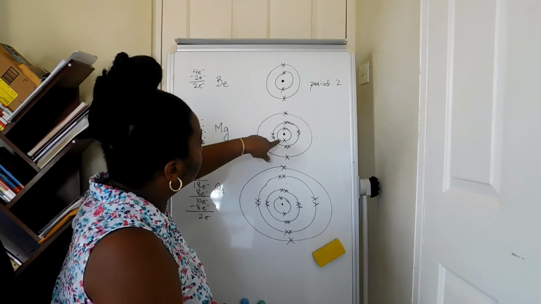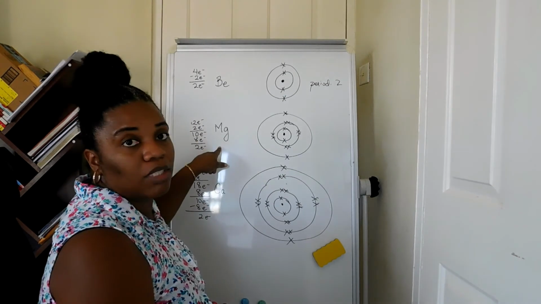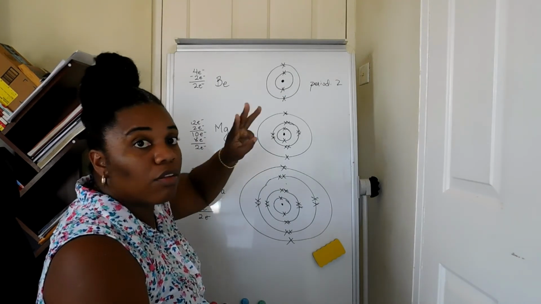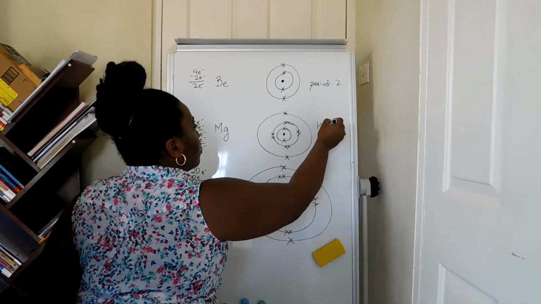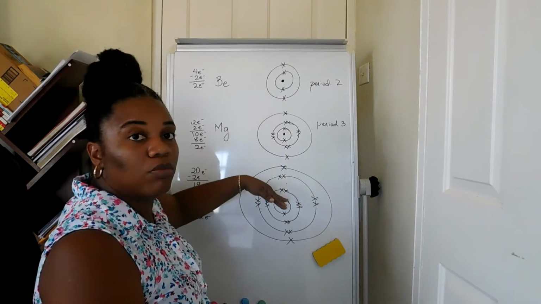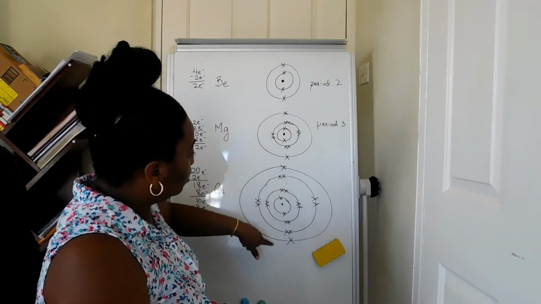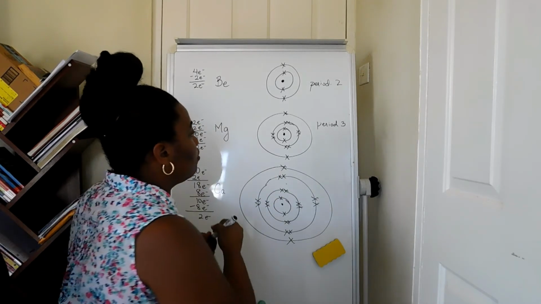So here you realize this has 3 rings. So therefore, magnesium is in period 3, right? So this is period 3. So you realize now that as you go down the group, the periods change. And this one is in period 1, 2, 3, 4, period 4.